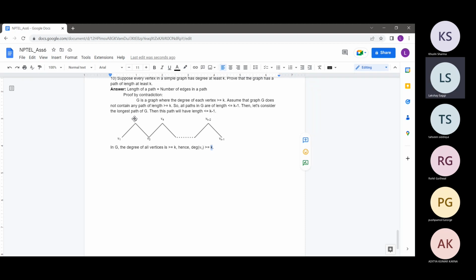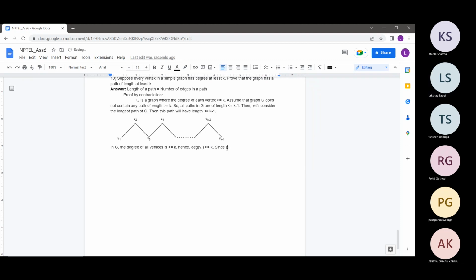So V1 will have two more neighbors which are not one of V2, V3, V4 up to Vk minus 1, by the pigeonhole principle.